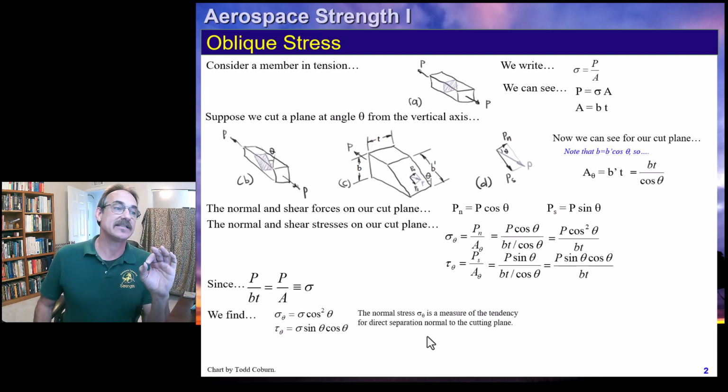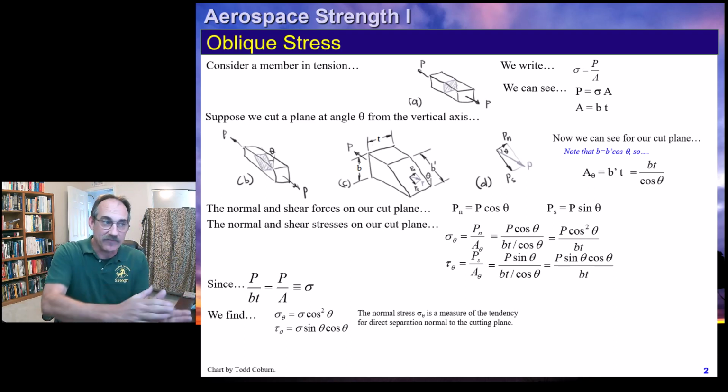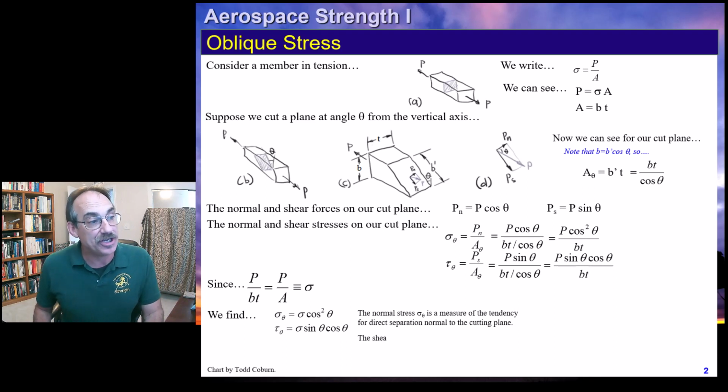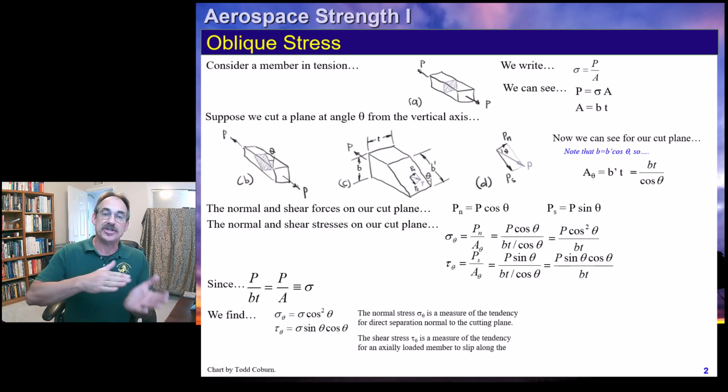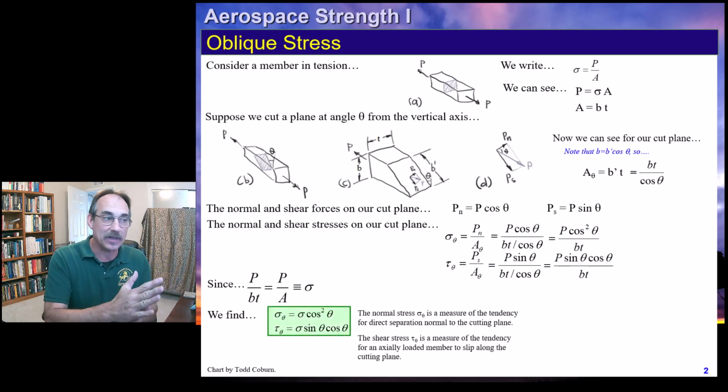This is the stress on that inclined face, the normal and the shear stress on the inclined face, where the normal stress sigma theta is a measure of the tendency for direct separation of that plane, and that shear stress can be thought of as just the measure of the tendency of slippage along that cut plane.